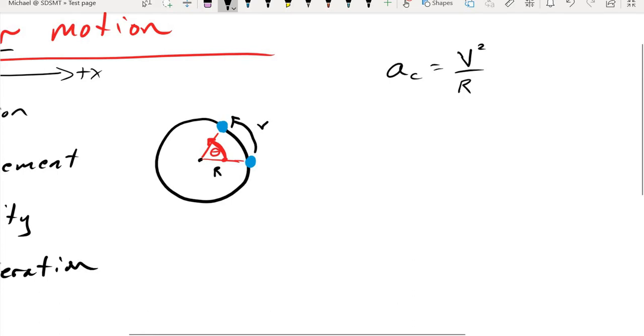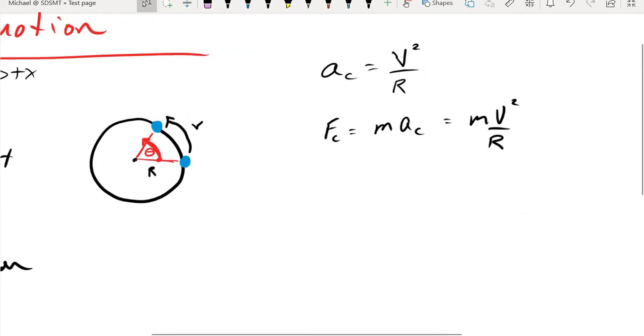And then in the follow-up chapter, chapter 5 and chapter 6, we saw that applying the mass of the object to that centripetal acceleration would allow us to figure out centripetal force.